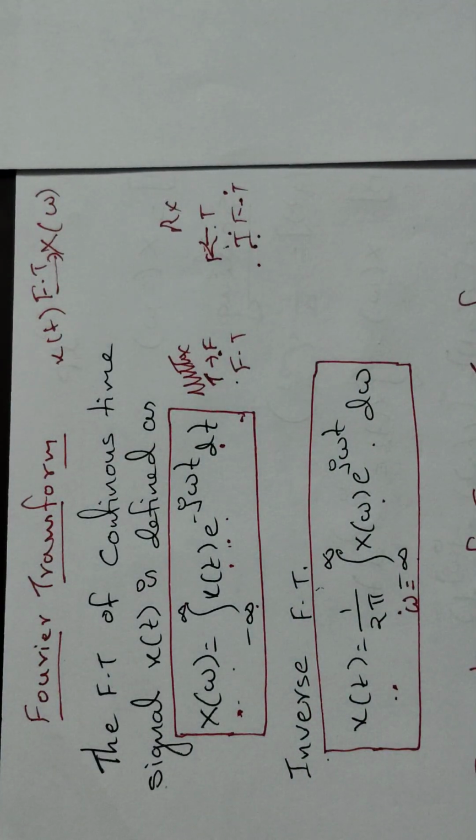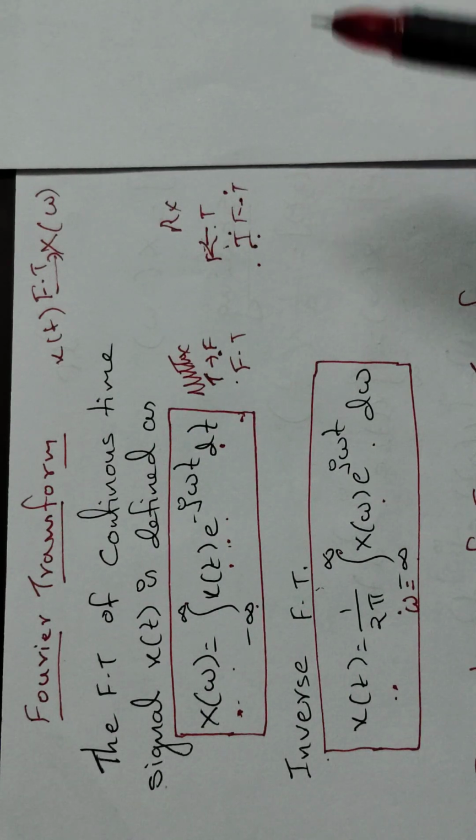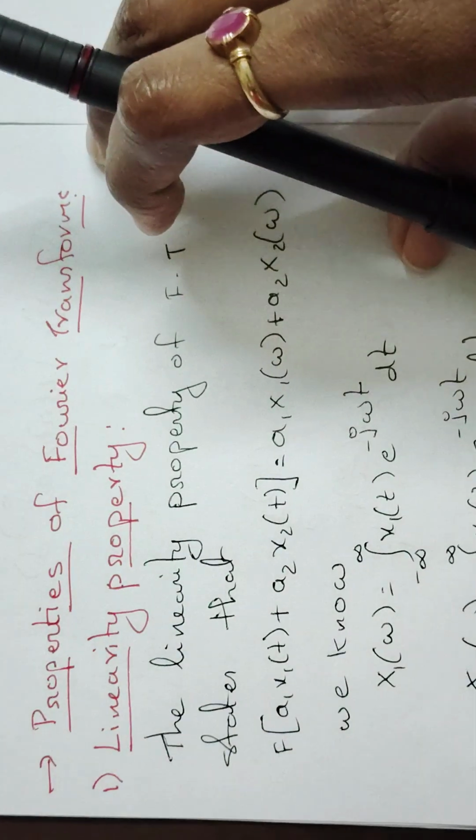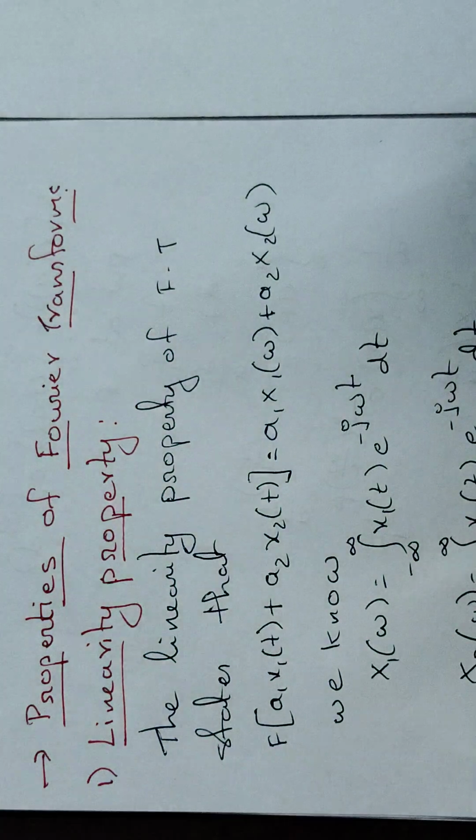Let us see the properties of a Fourier transform. We have different properties and we have to see them one by one, and each property we have to prove. The first property is the linearity property.